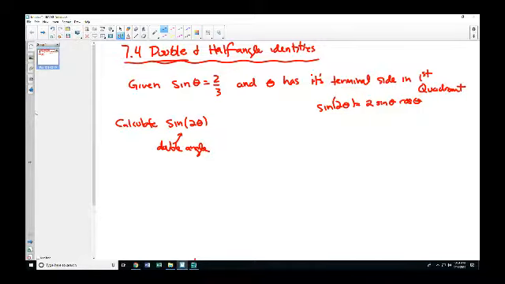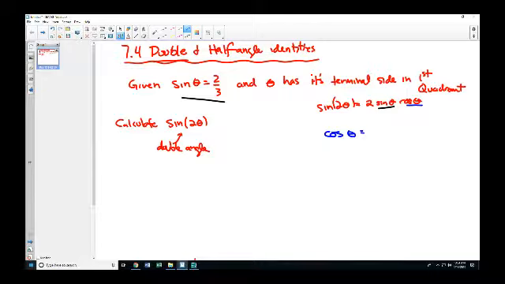We know sine theta, right? 2/3. So we can just plug that in. We know cosine theta. It's 3/2, right?